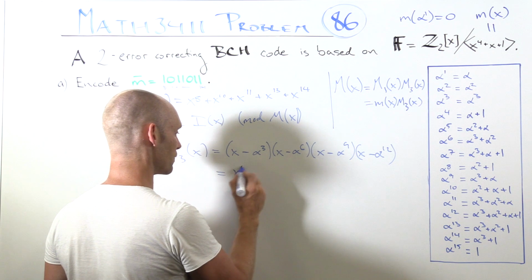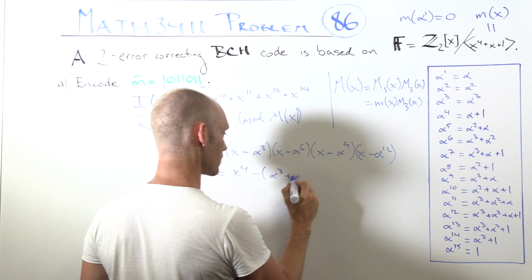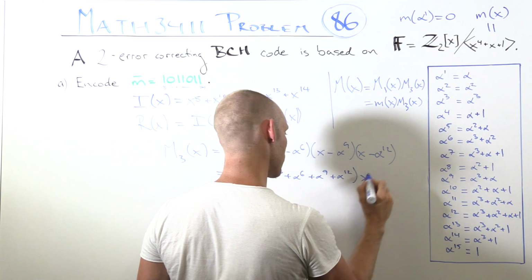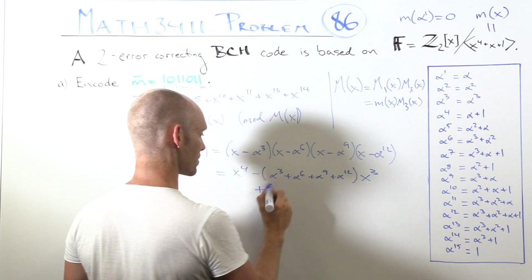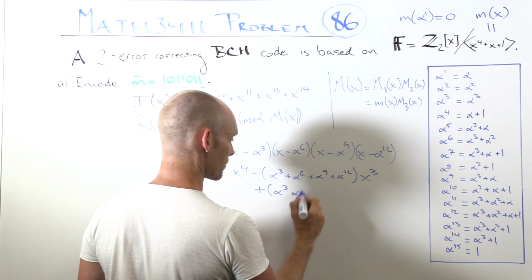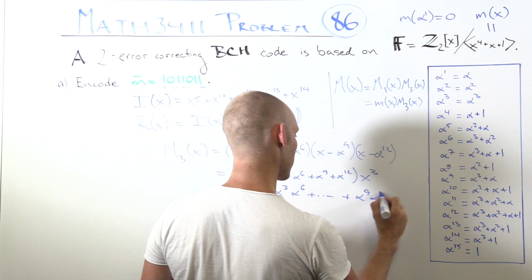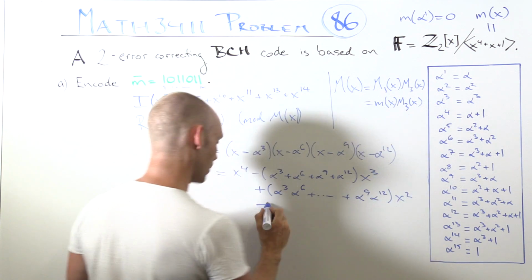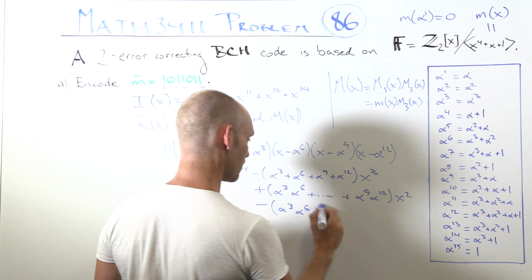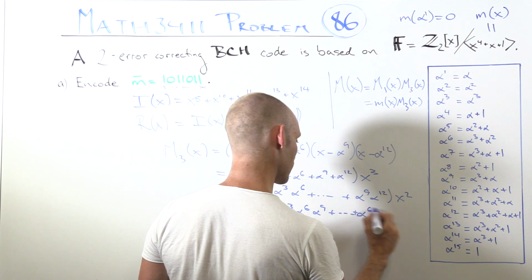We get x to the power of 4 minus the sum of these roots, alpha to the power of 3 plus alpha to the power of 6 plus alpha to the power of 9 and 12 times x cubed, and then plus any two of these alphas multiplied together, so alpha to the power of 3 times alpha to the power of 6 and so on, and alpha to the power of 9, alpha to the power of 12, x squared minus, and then we're multiplying 3 together now, alpha to the power of 3, 6, 9 and so forth, up to alpha to the power of 6, 9 and 12.